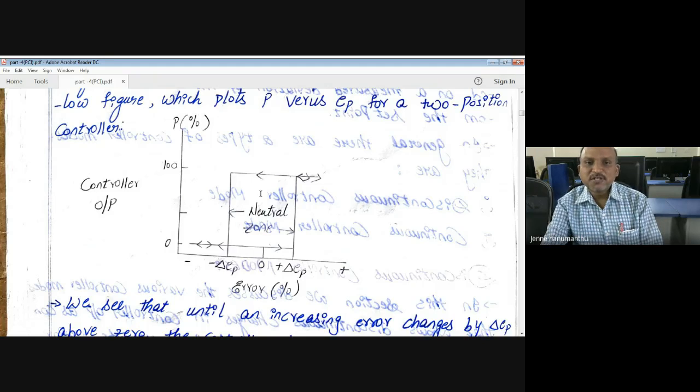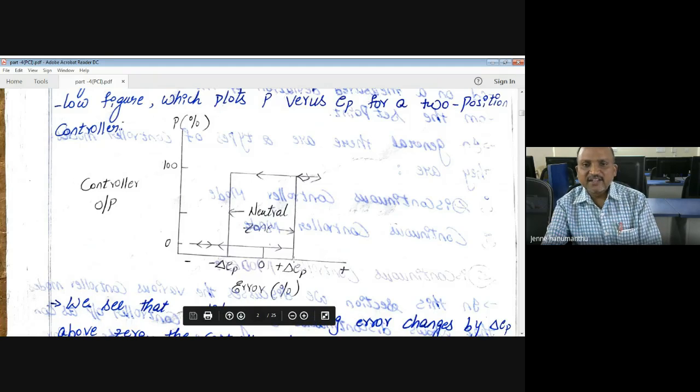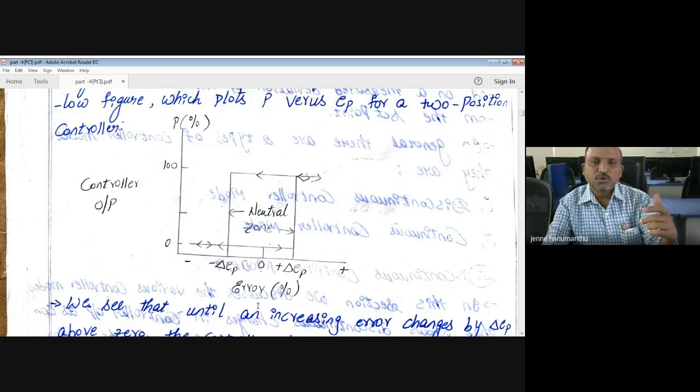So how does it respond? When error is less than minus del EP, the controller output is 0. If error is greater than plus del EP, the controller is going to respond 100%. In between these, the controller doesn't show any reaction, any control action.